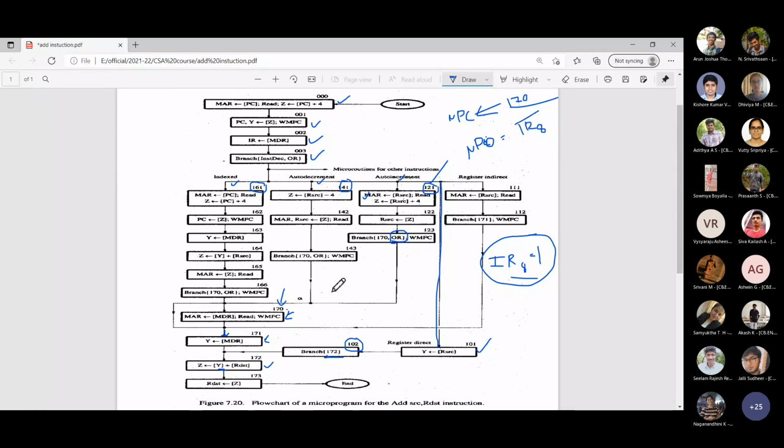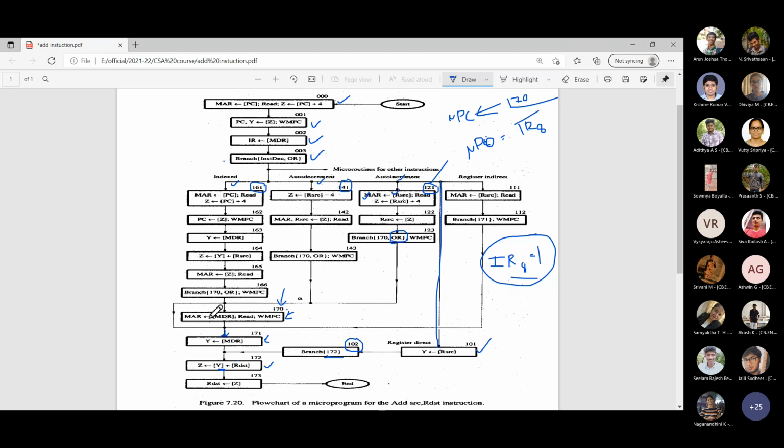So if it is indirect, you will jump to 170, where once more the content of MDR will be put in the MAR register, and you give the read operation and wait for the memory function to complete. Here you have already done one memory read operation.